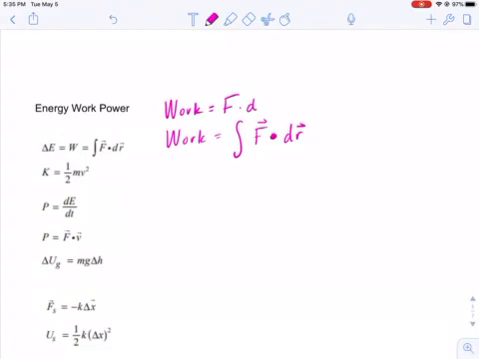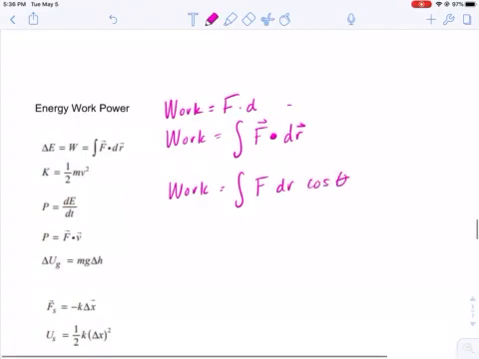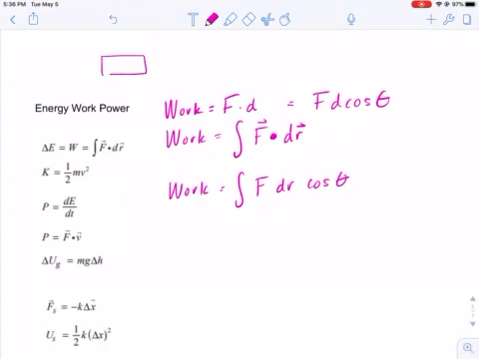When I calculate the work that I do, I can only use the parallel component of my force. And that parallel component is F cosine theta, right? If you think about this right triangle, that's the adjacent side. So that's the deal with work.